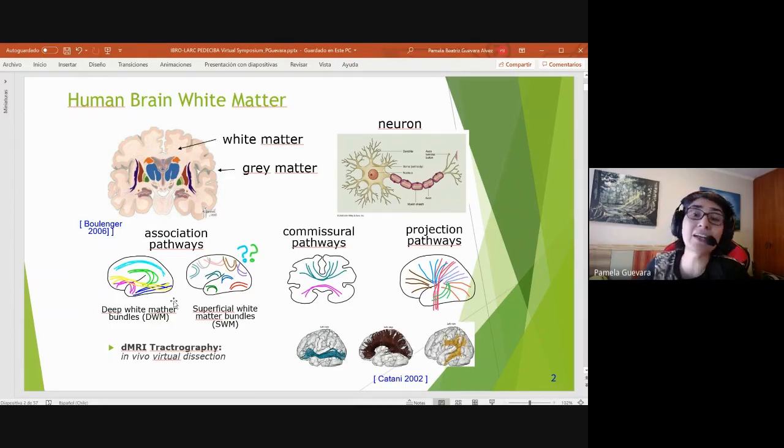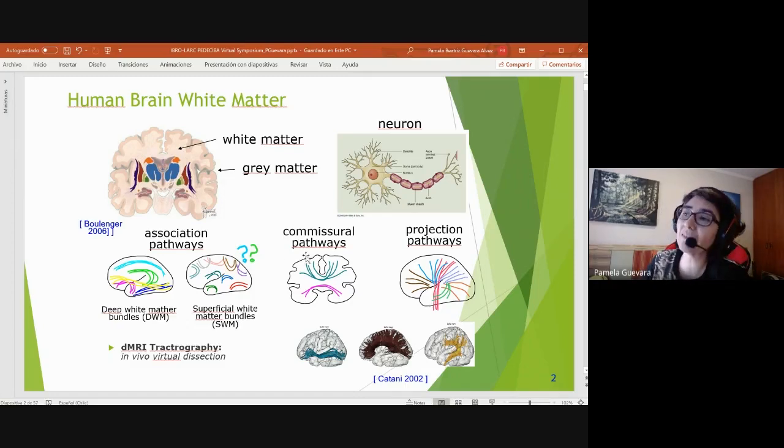For the analysis we subdivide them into association pathways that connect regions from the same hemisphere, and we separate them into deep white matter and superficial white matter, because deep white matter are the long, well-known bundles, and superficial white matter are the short association bundles that are more difficult to study.